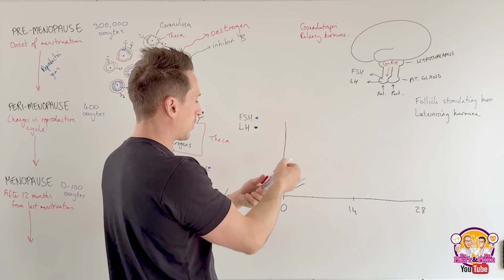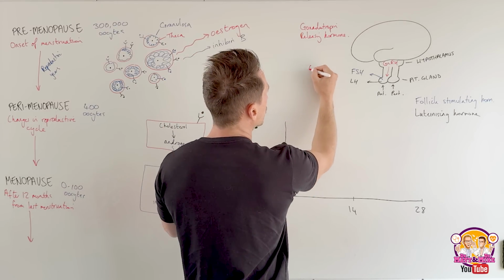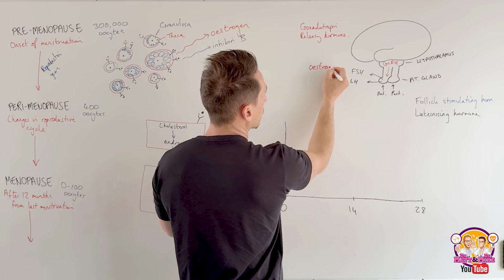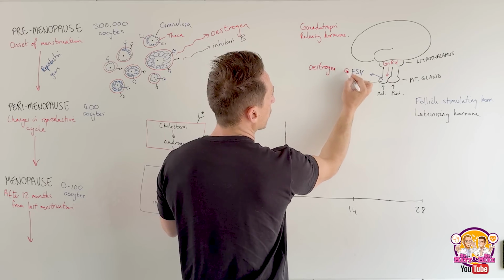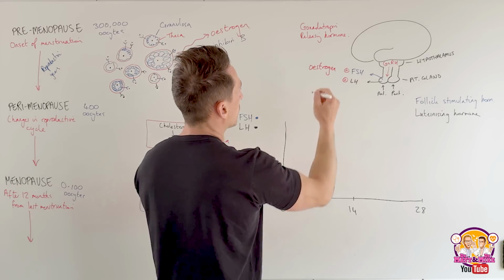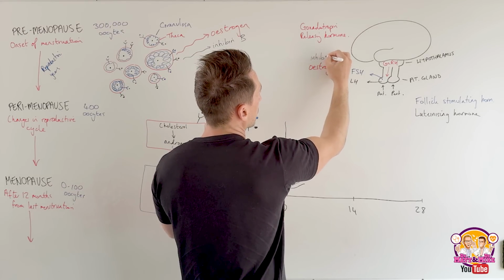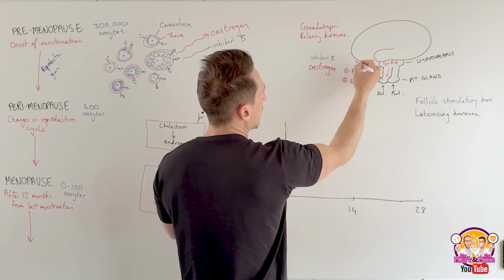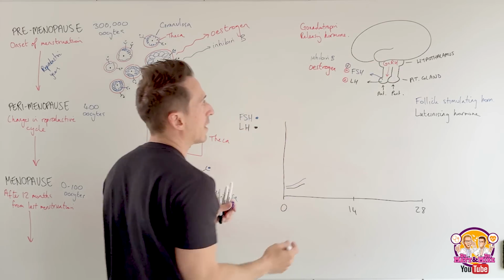So effectively what happens is estrogen inhibits both FSH and LH and inhibin B inhibits mainly just FSH.